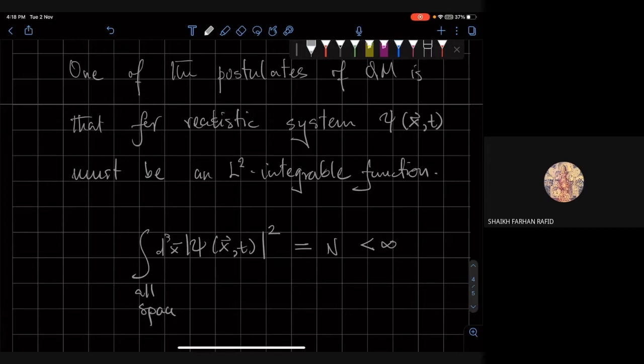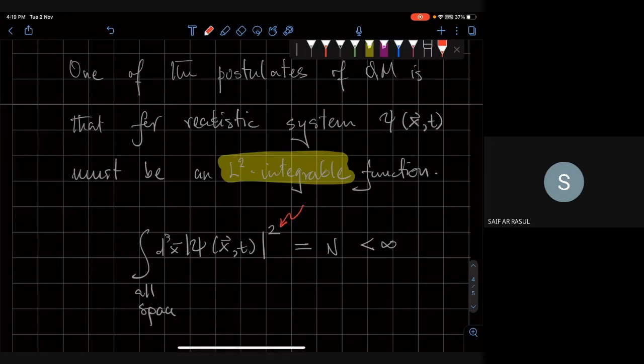So this is what it means for a function to be L2 integrable. Is that clear what it means? Yes, sir. Yeah, makes sense. So this 2 refers to this exponent. Why it's not L cubed integrable, why it's not L4 integrable, we don't know.